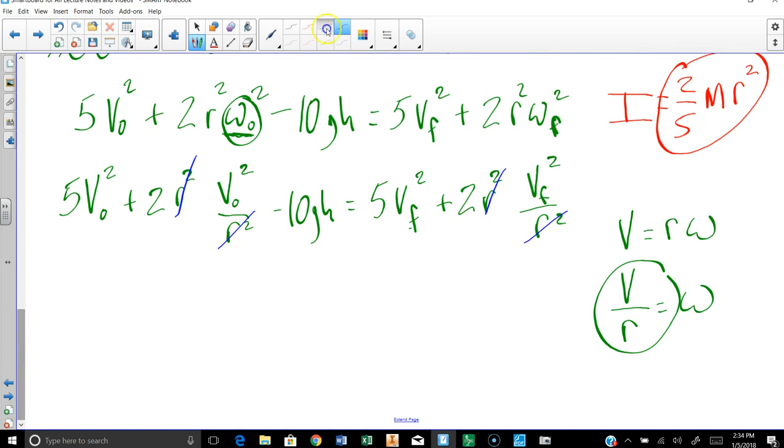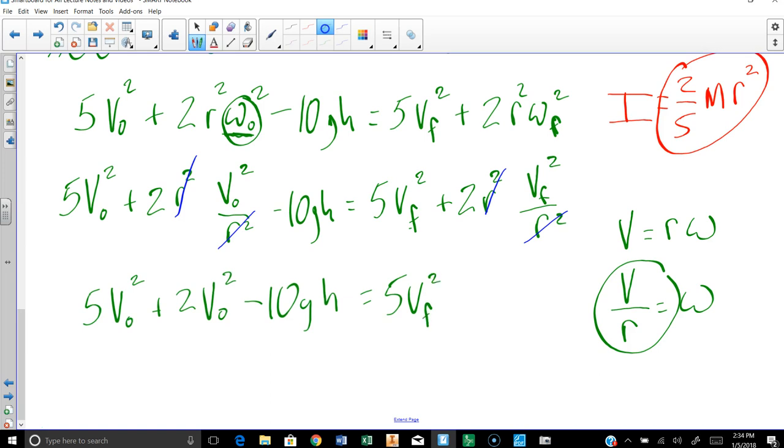Let's clean it up. 5 v0 squared plus 2 times v0 squared minus 10gh equals 5 v final squared plus 2 v final squared. Oh, wait a second, I can just combine those, because it's the same.